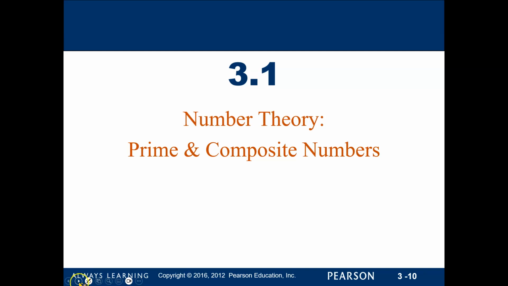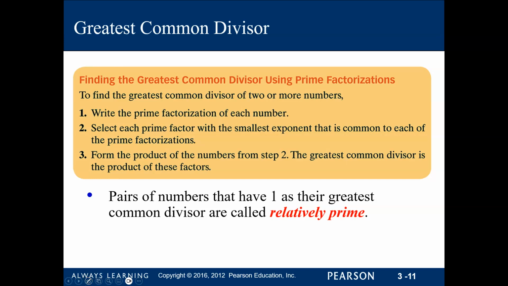All right, let's continue our discussion on lesson 3.1. And this time we are moving on to the greatest common divisor. Actually, most of you know this as the greatest common factor. So factor, divisor, pretty much the same.